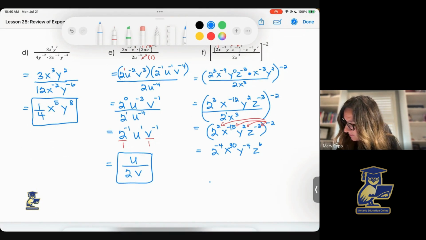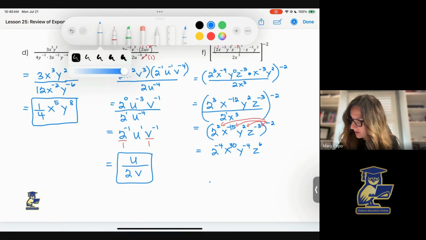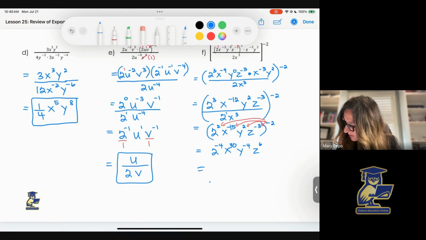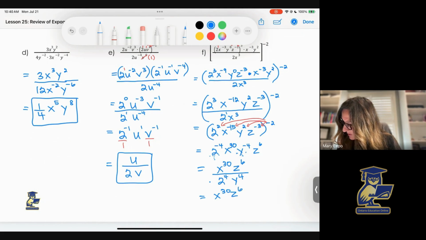So this would become x to the power of 30, z to the power of 6, all over, so take those reciprocals, and they just become part of the denominator, 2 to the power of 4, y to the power of 4. Simplifying would be x to the power of 30, z to the power of 6, all over 16, y to the power of 4.